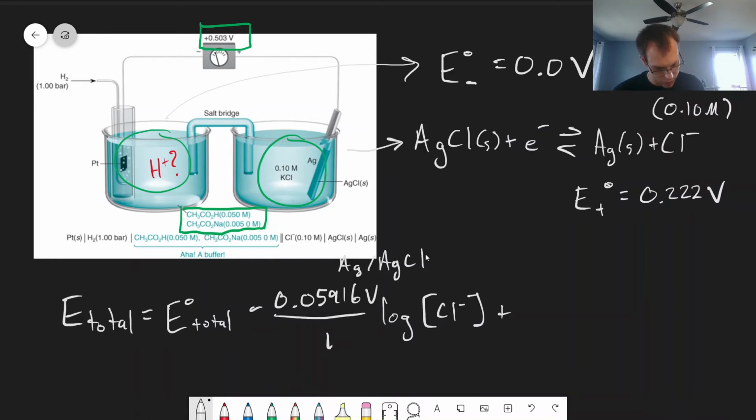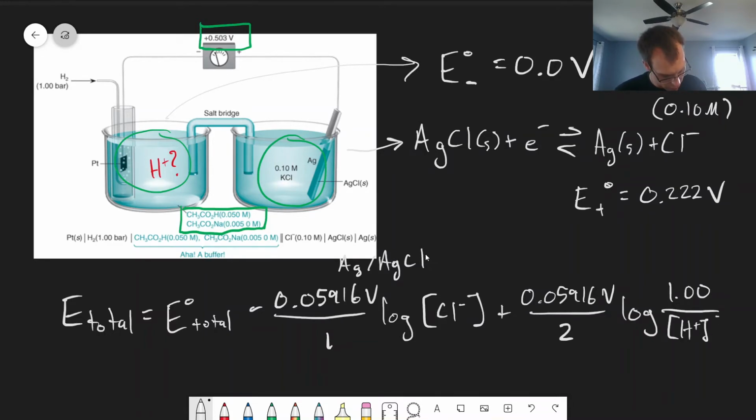And we'll subtract our negative electrode, which means we'll add 0.05916 volts divided by 2 times the log of the pressure in bar, so 1 bar, divided by a concentration of H plus squared. Now, I'm just going to erase this here.